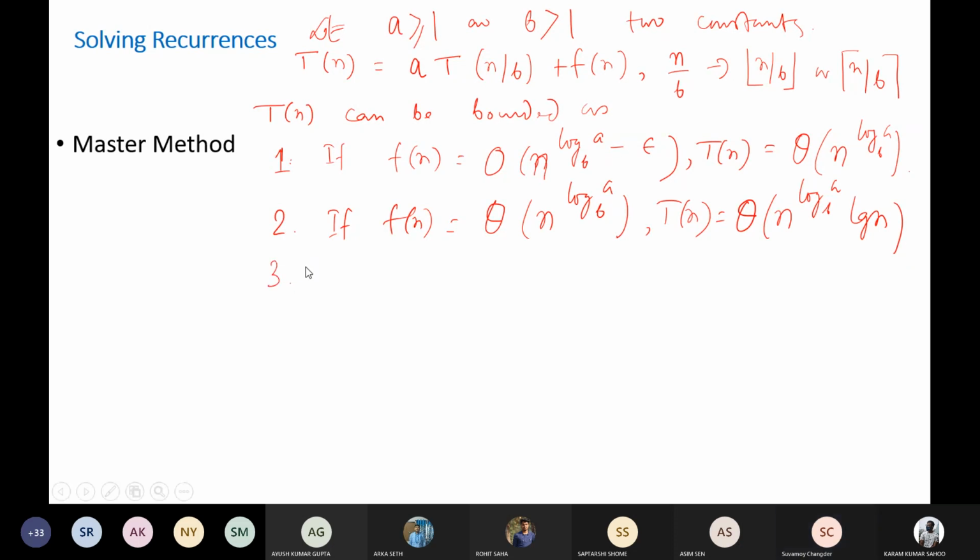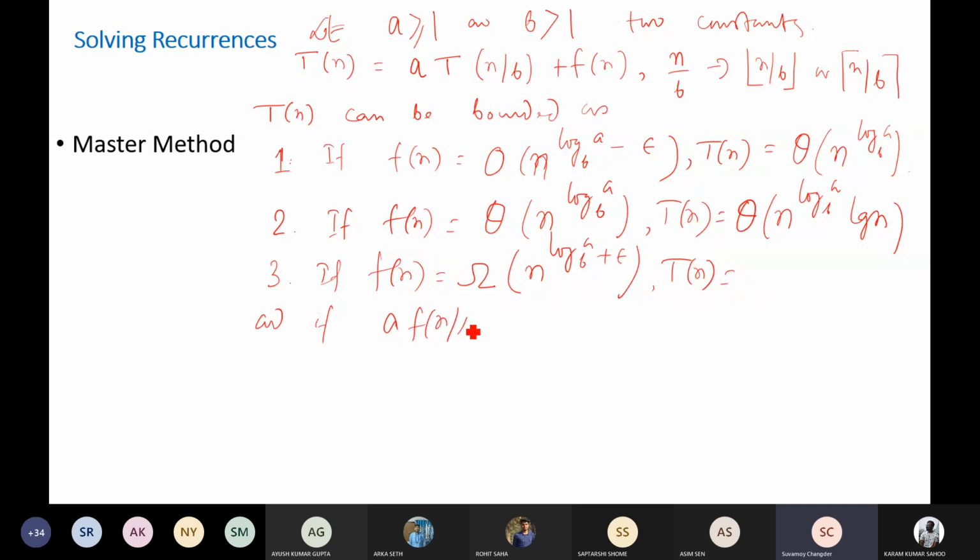Number 3: if f(n) can be written as Omega(n^(log_b a + epsilon)), that is the lower bound, then another condition is that a f(n/b) is less than or equal to c f(n), where c is a constant less than 1.